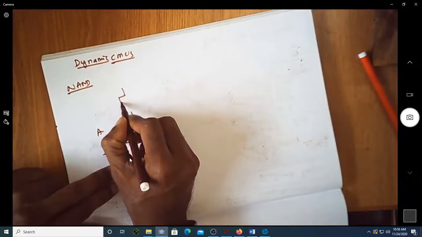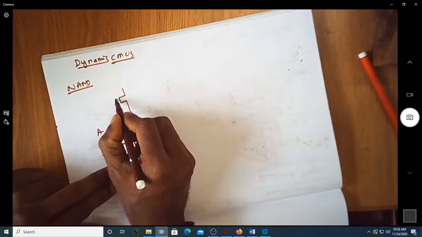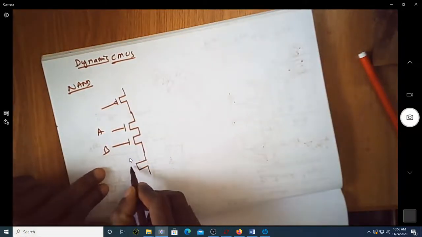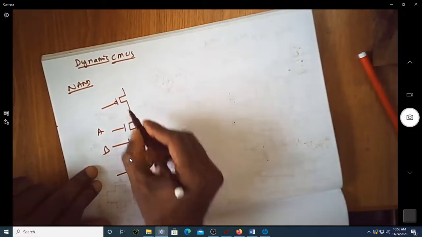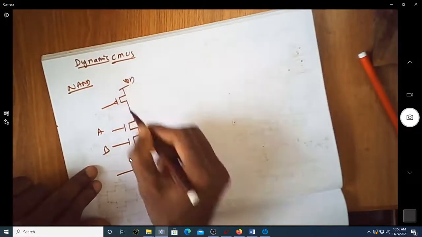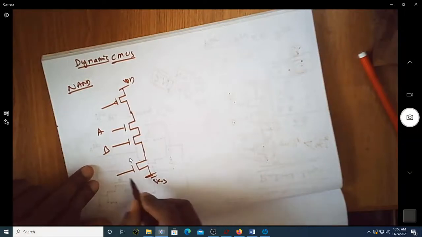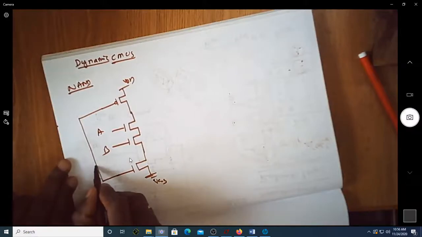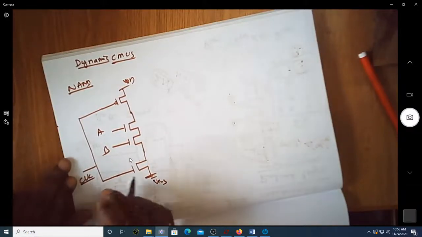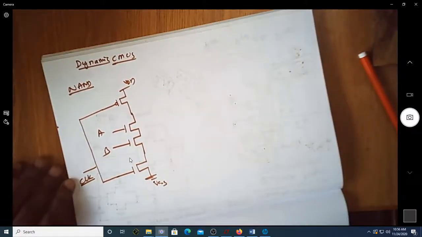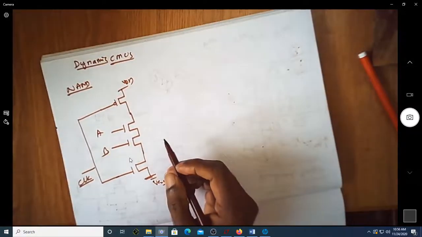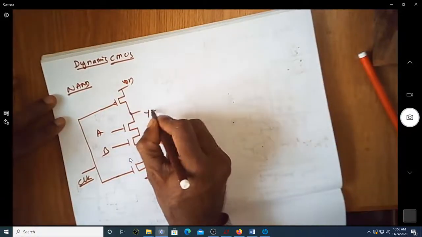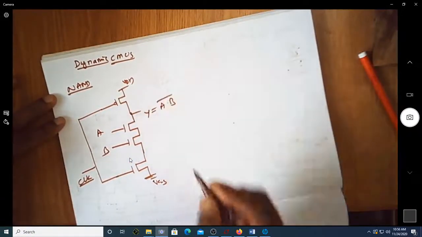Along with that, we are going to have two extra transistors. This is VDD, this is VSS. This is driven by a clock. So there is an extra input that is there. This is not like conventional sequential logic. This is still a combinational logic. This is y is equal to a and b.